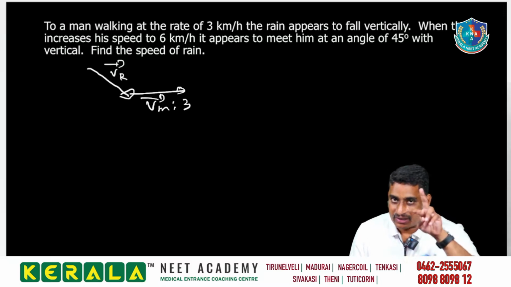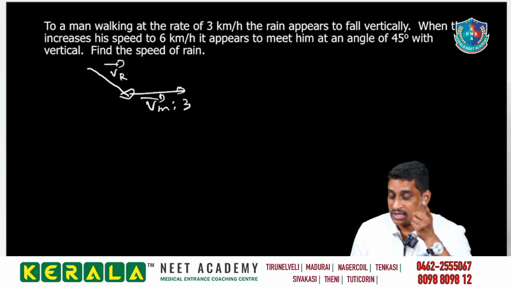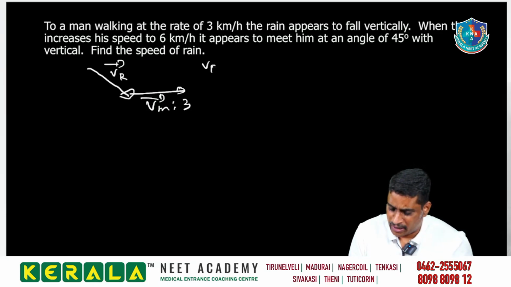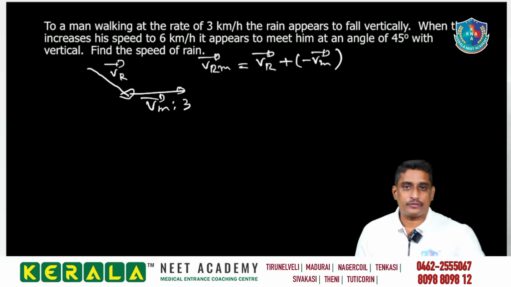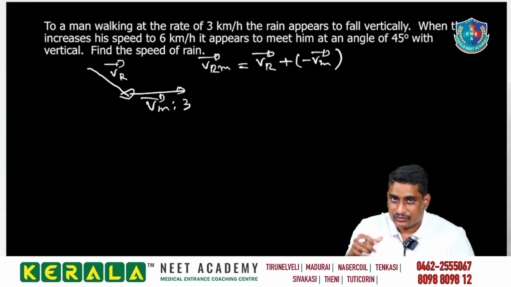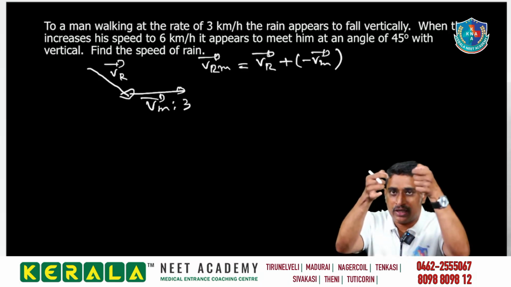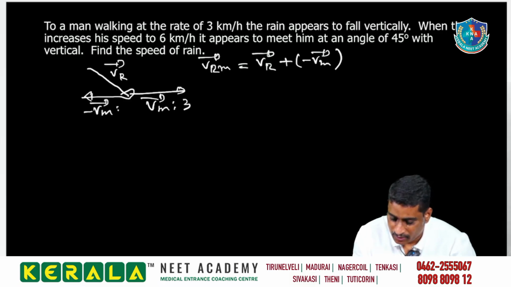By the vector diagram we have discussed, the velocity of the rain with respect to the man is the resultant of two velocities: the velocity of the rain plus minus the velocity of the man. So in this case, for this man, the rain appears to be falling vertically downwards. So this is minus Vm bar.